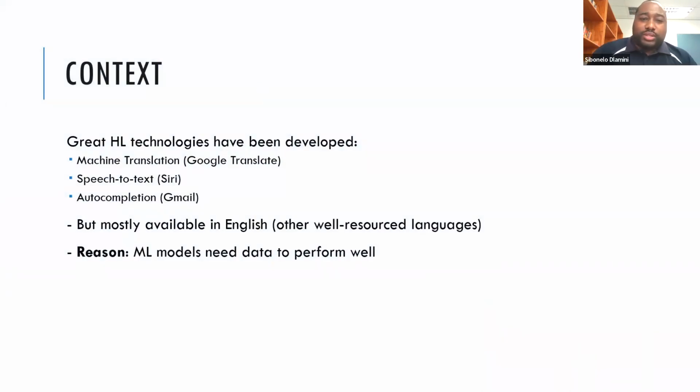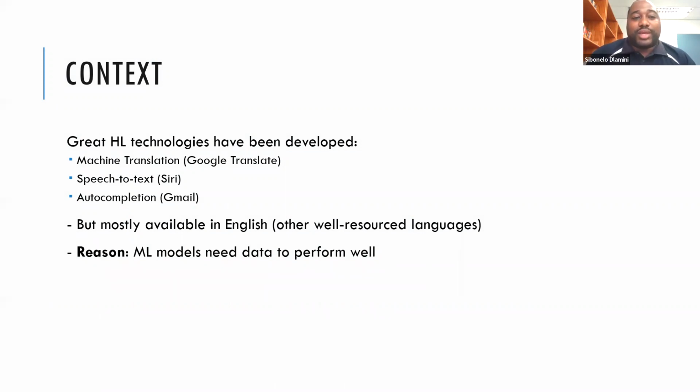So what is the context of this talk? Well, we know that a lot of great human language technologies have been developed recently. If we can just think about Google Translate, there's also speech to text, which is something that we use not only on our Apple Siri, but any smartphone pretty much has speech to text now.